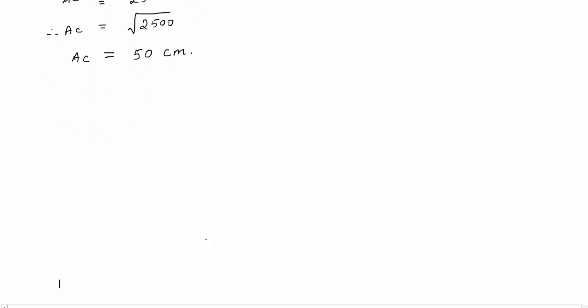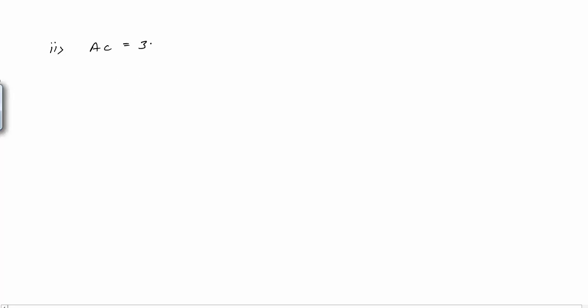One more problem of the same kind. The second problem is, I have AC is equal to 37 centimeter, BC is equal to 35 centimeter, and I have to find AB.